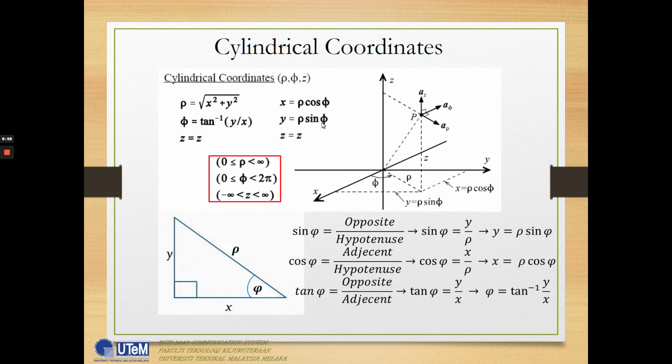We need to go to a very, very basic thing, which is called the Pythagoras theorem. We know that if there is a right angle triangle, then rho squared is equal to x squared plus y squared. When we take the square root, we get rho equal to the square root of x squared plus y squared.